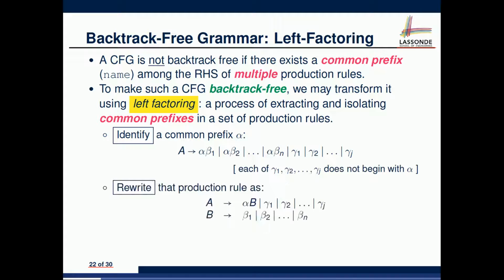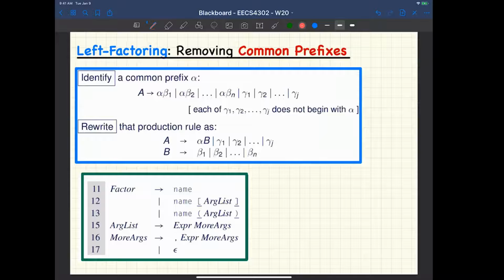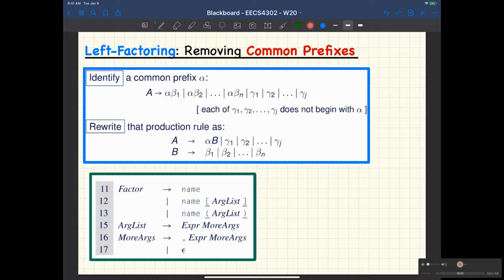Let me show you very quickly theoretically, and then we apply that to the example. Thinking this way, let's say this is a non-terminal, and the common prefix we have is simply alpha. And alpha does not exist in the beginning of gamma 1, gamma 2, up to gamma j.